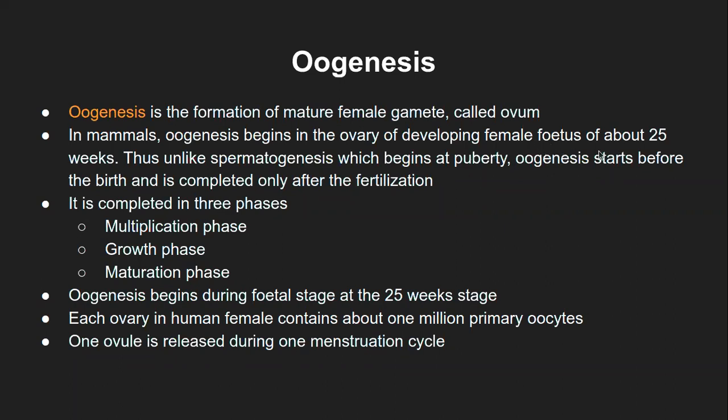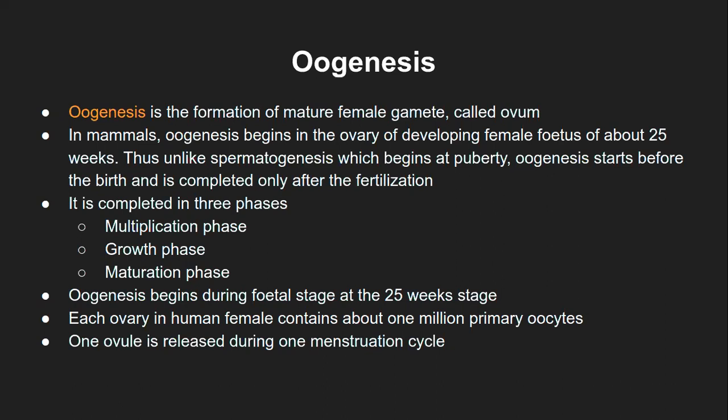When the female embryo is about 25 weeks old, that is, when the baby girl is still growing inside the mother's womb, she will start developing the oogenesis process. So there is a drastic difference.